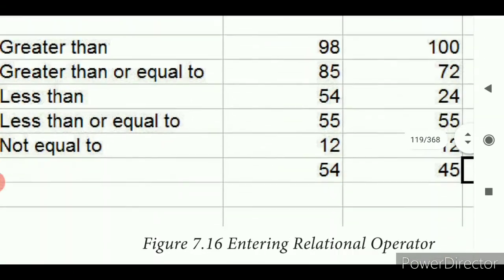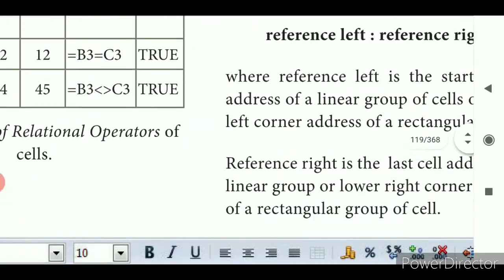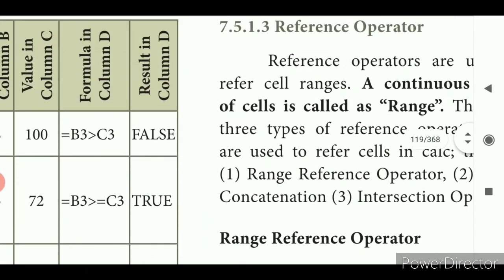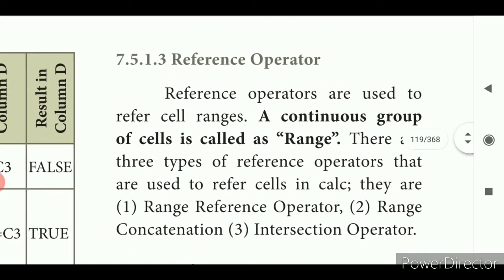Then the next one is the reference operator. What do you mean by reference operator? Reference operators are used to refer to cell ranges. In arithmetic operators and relational operators, we use the cell name, B3 plus C3, or we directly use the values.